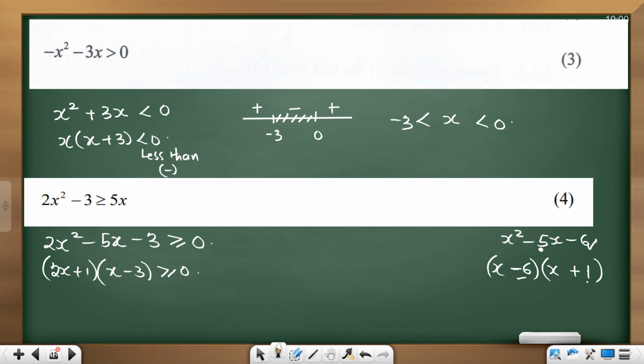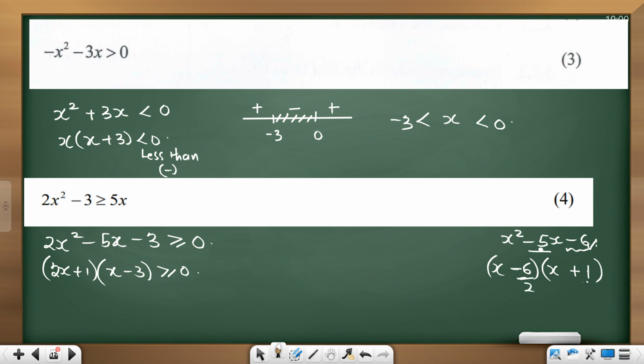Let me show you what some of you did. x minus 3, x minus 2. Yes, minus 3 plus minus 2 would give you negative 5. But if you multiply these, the negative and the negative would give you a positive, but we are looking for a negative 6. So you've got to test carefully and make sure things are okay.